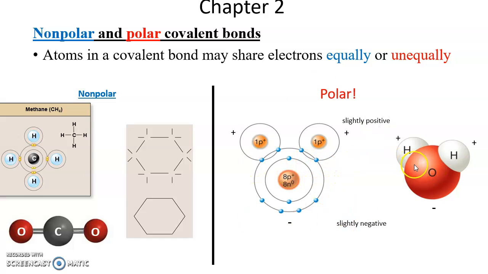So water is an example of a polar molecule. The hydrogen atoms are slightly positive because they do not get the electron for very long, while the oxygen is slightly negative because it keeps the electrons for the longest period of time.